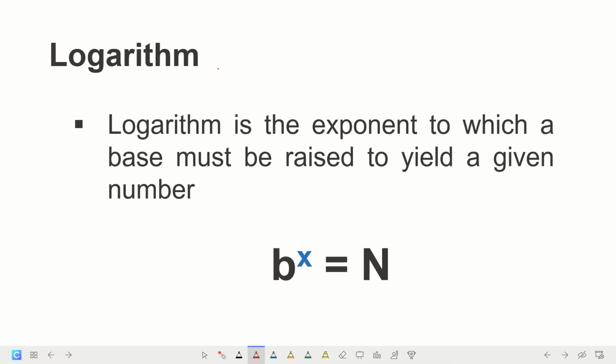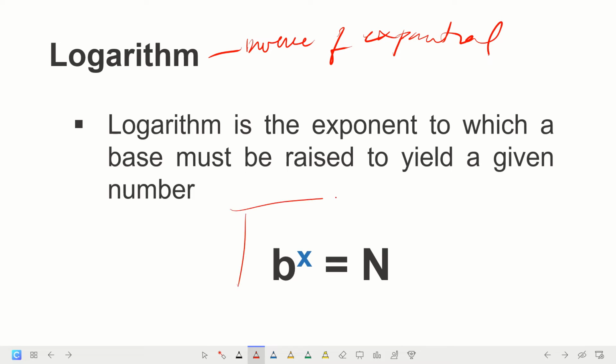So, sabi natin that logarithm is the inverse of exponential. So, if we have here an exponential equation, kapag sinolve mo to using a logarithm, ang makukuha mong value is the value of x, or the exponent. So, therefore, logarithm is simply the exponent of an exponential equation. So, to solve for this, we can use logarithmic equations.